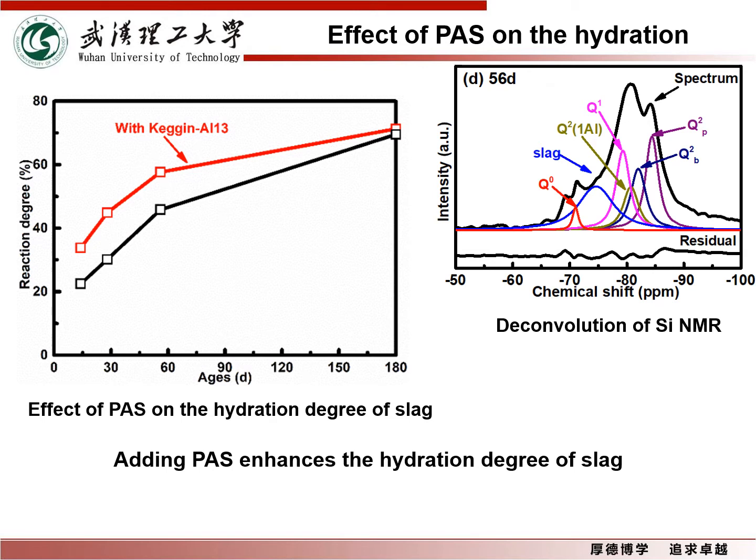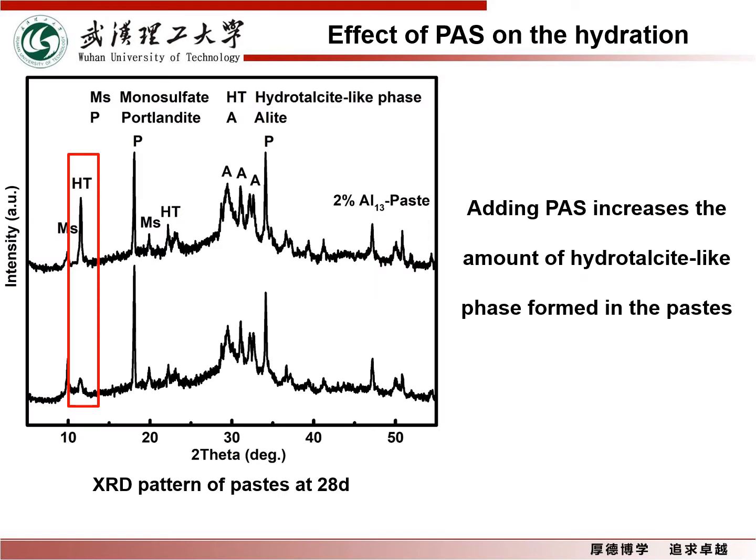Reaction degree of slag modified by 2% PAS at 180 days was comparable with that without PAS. The XRD pattern of hydration products shows that a hydrotalcite-like phase, portlandite, and monosulfate were formed after curing for 28 days.